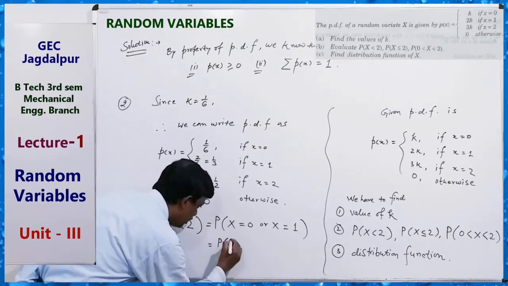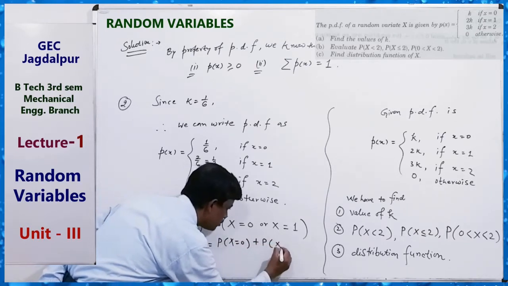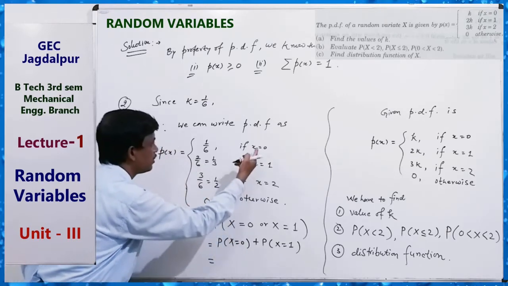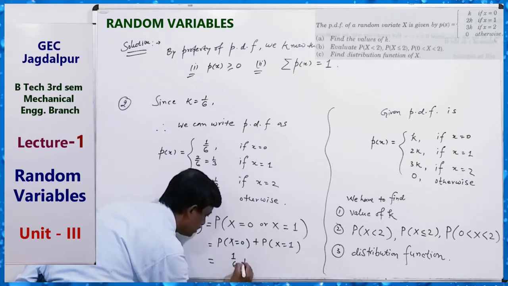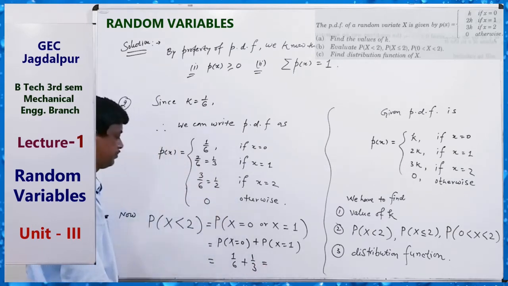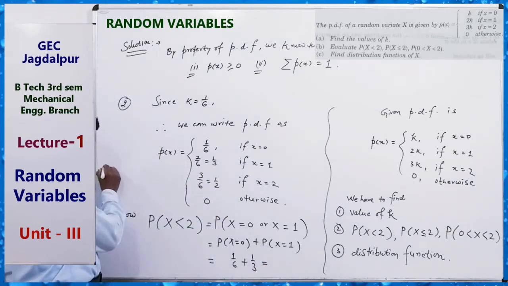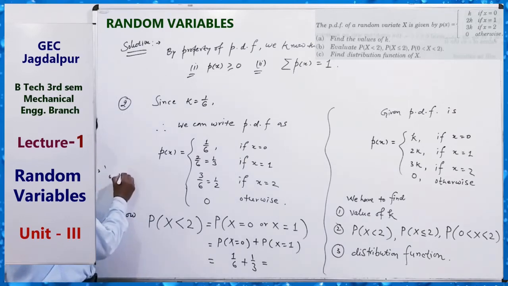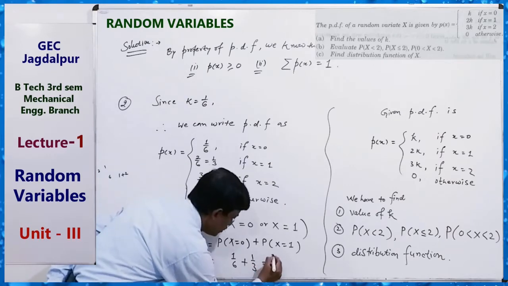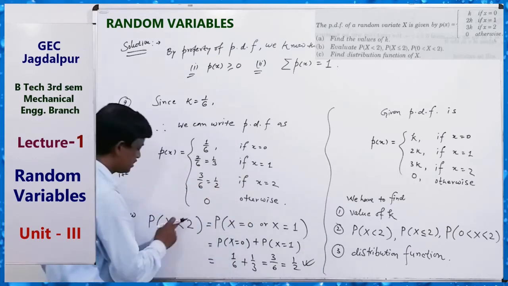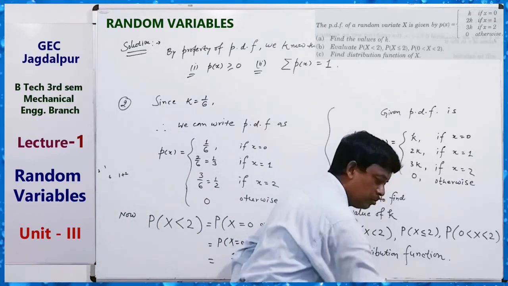So probability of x equals 0 plus probability of x equals 1 equals 1 by 6 plus 1 by 3, which is 3 by 6, equals 1 by 2. So P of x less than 2 equals 1 by 2.